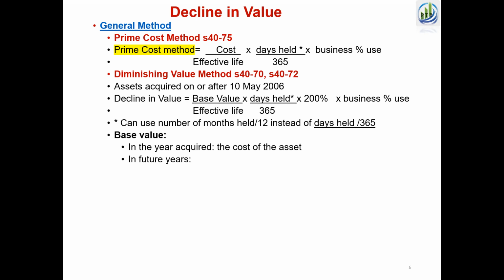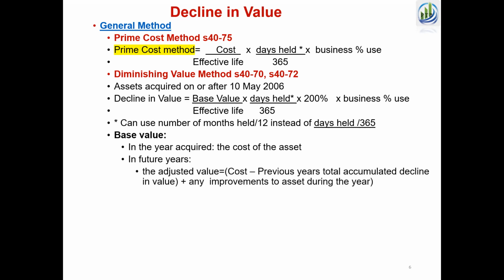But in the second year, when you calculate, it is the cost of the asset minus the previous year's accumulated depreciation, how much you already deducted, plus any improvement to the asset during the year.